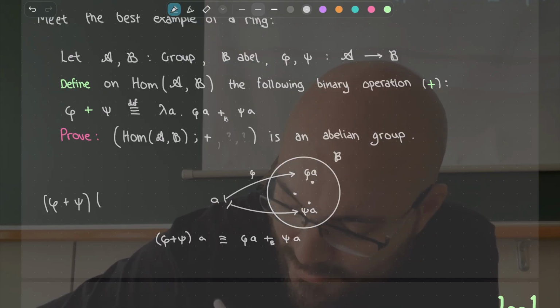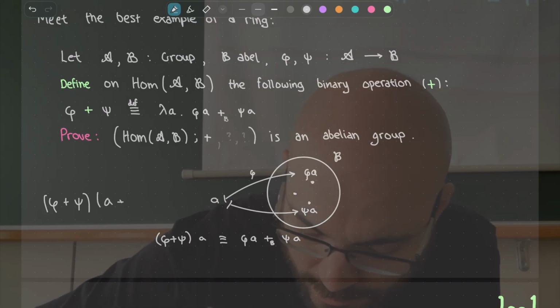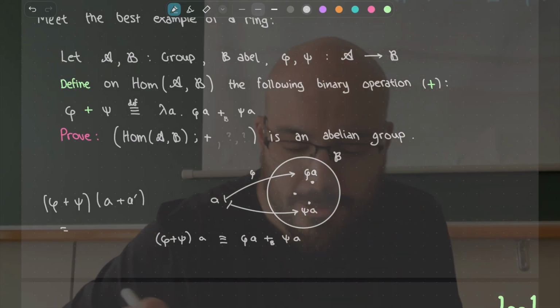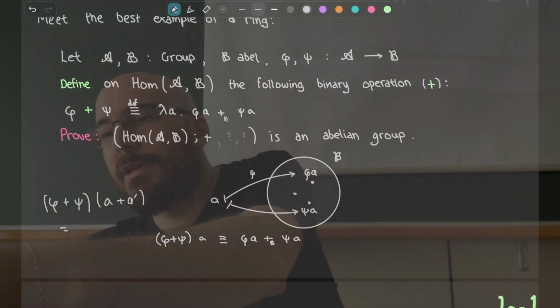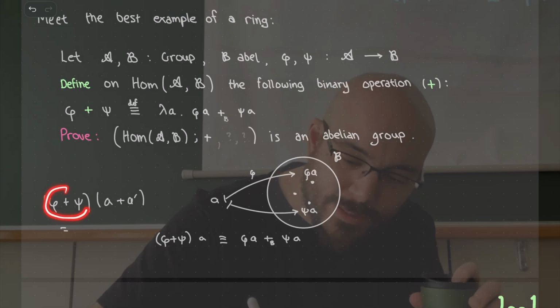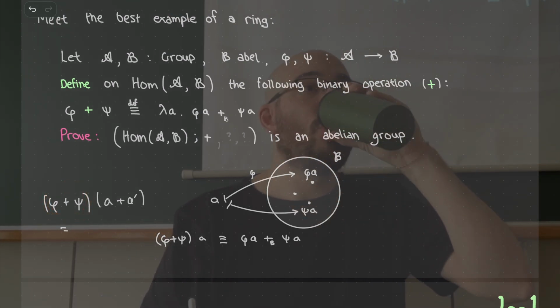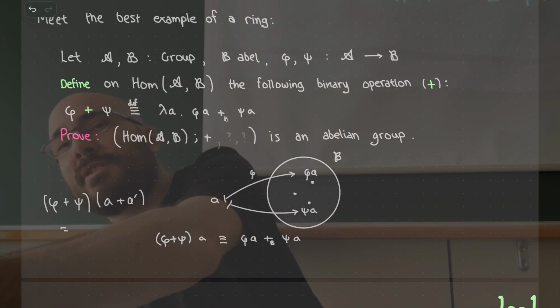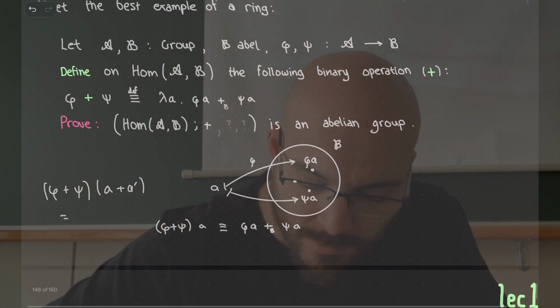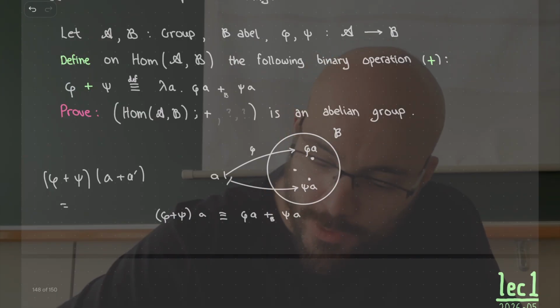So this would be something like A plus A prime. And this should be equal to what? I want to show that this thing is a homomorphism. Help me someone. Yes, Manolis? Phi plus psi of A plus phi. Okay, so exactly.